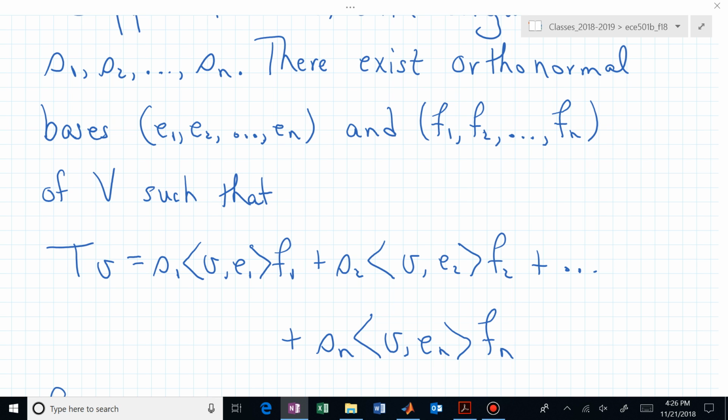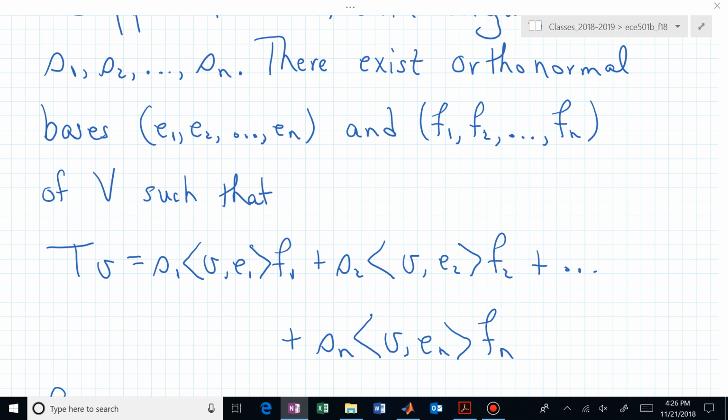We can take the first singular value, that's a scalar, that's a positive number, and scale it by the inner product of this arbitrary vector V with the first basis set vector E1, and that will give us a scalar, the inner product of V with E1.